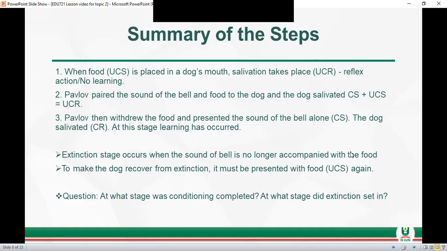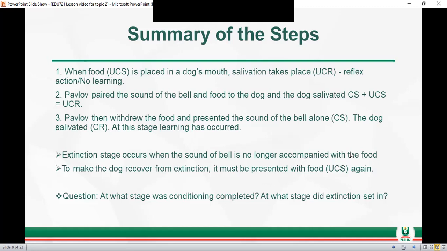Then Pavlov paired the sound of the bell and food to the dog, and the dog salivated. He did it several times. Then in the third phase, Pavlov withdrew the food and presented the sound of the bell alone. The dog salivated. At this stage, learning has occurred.